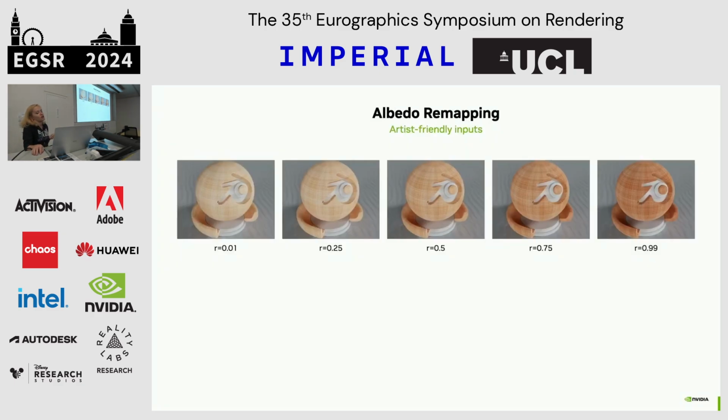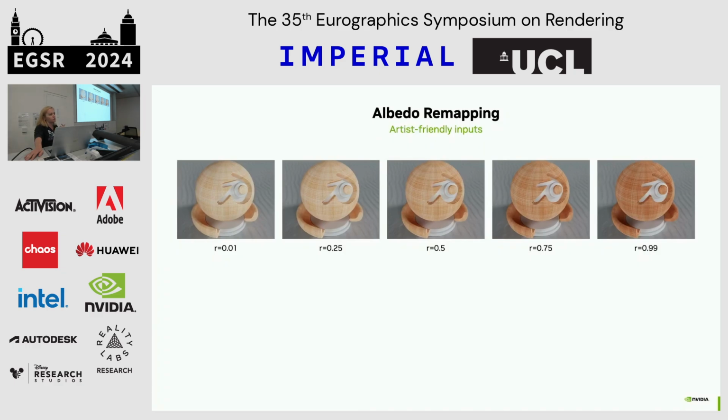One side effect of including multiple bounces into materials is that they tend to become more saturated with increasing roughness due to the multiple scattering. This is a similar effect we can see on stochastic microfacets, and it is physically correct, so there is no question about this. But physically correct doesn't necessarily mean it is desired, especially it is not artist friendly.